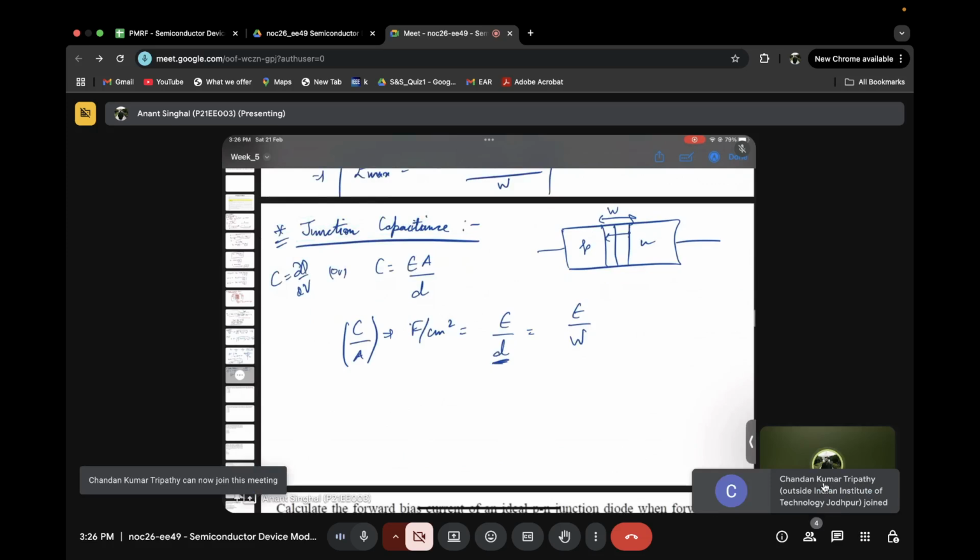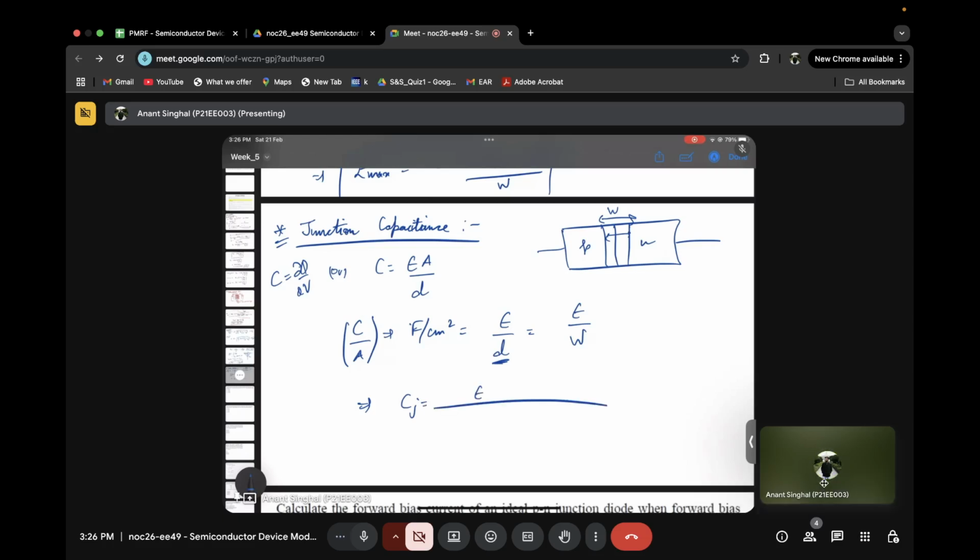Yeah. So if this is clear, then what do we have? We have the junction capacitance as epsilon by W, and W we have just derived, so it is the square root of 2 epsilon Si by Q, then VBI plus VR, and this is 1 by Na plus 1 by Nd.